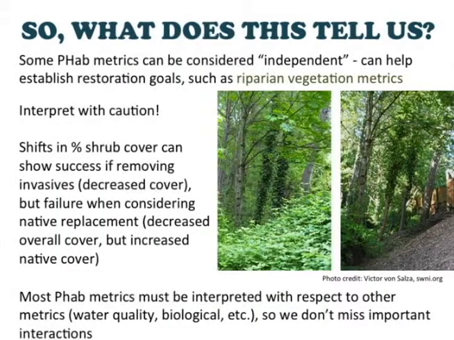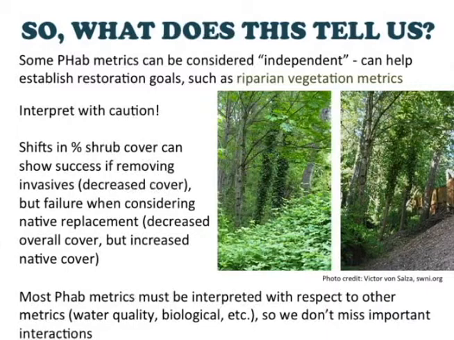So some PHAB metrics can be considered independently. They might be able to help us with some restoration goals, such as riparian vegetation metrics. But we have to interpret these with caution, realizing that there's a lot of interaction going on. So as this picture shows, we might have a shift in shrub cover because we've removed a bunch of invasive species. If we're just measuring percent cover as our success in this, we see decreased cover, great, we hit our goal.